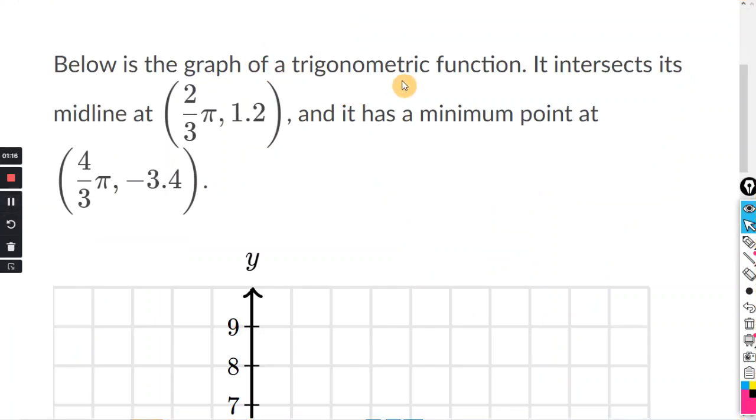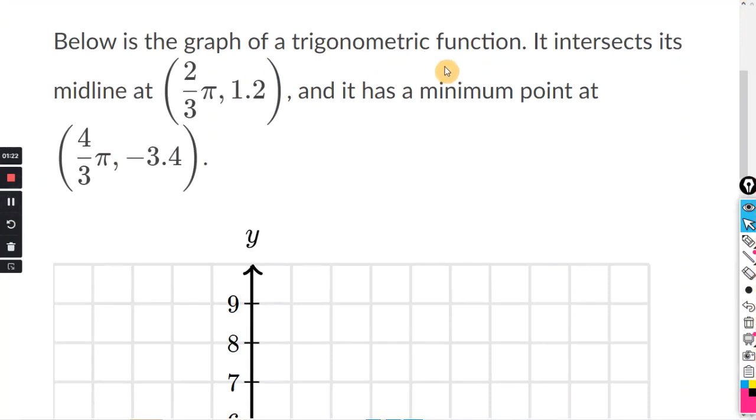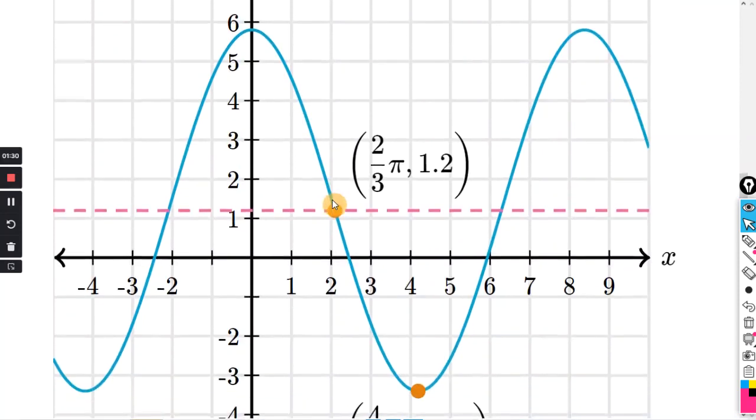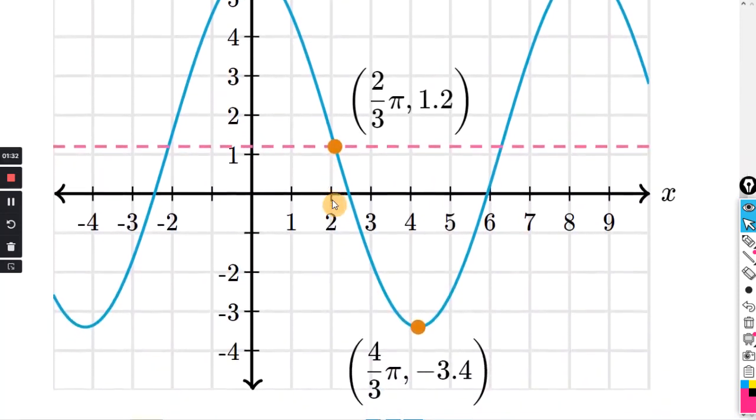All right, so we have our trig function below. It intersects the midline at this point, and the minimum point is this point right here. Okay, and they wrote the coordinates right on the graph, so it's pretty easy.